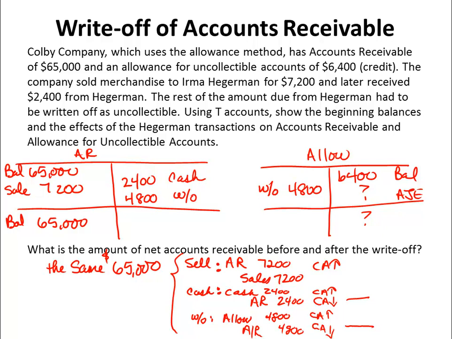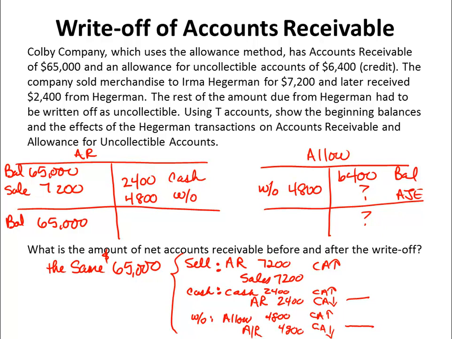All right, so what do we do if we write off an account? Well, in this case, we sell to Irma Hegerman $7,200 on account, and she paid us $2,400, and then we had to write off the rest. So these T accounts recap what we saw going on with Irma.